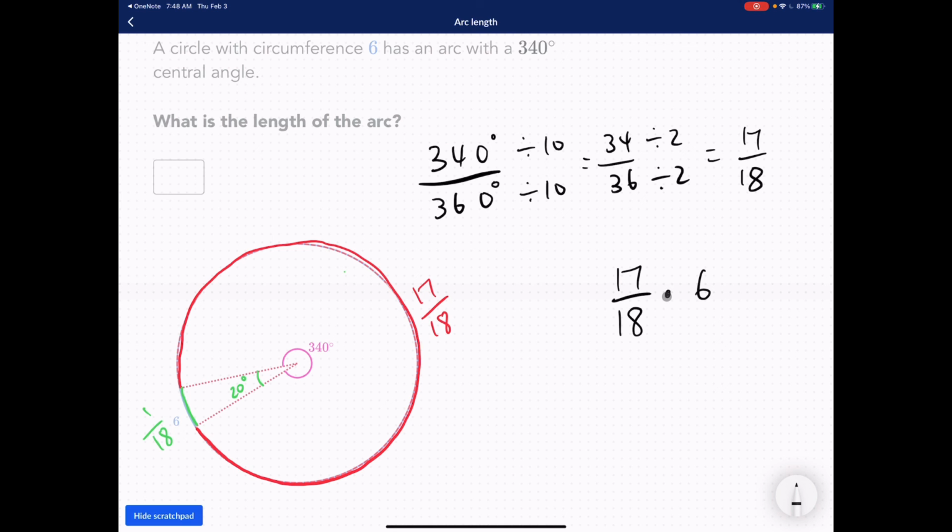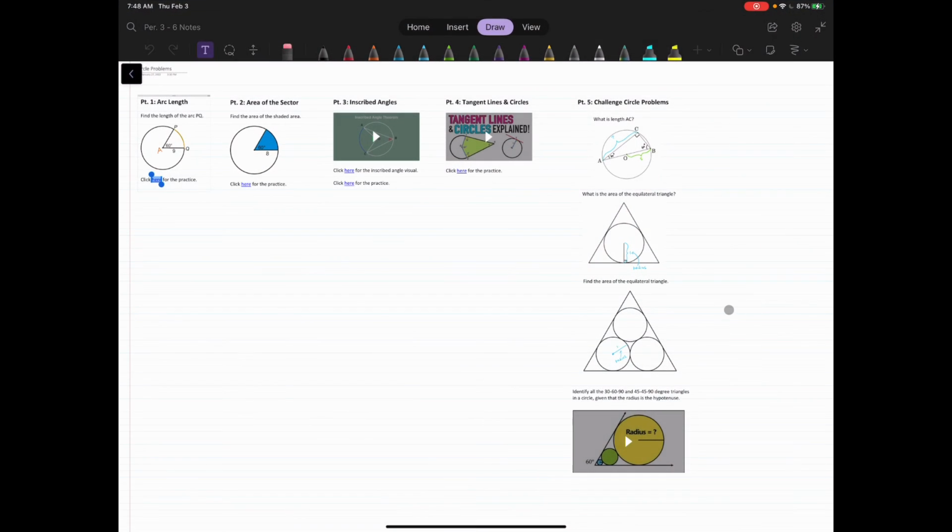And remember, of, when you translate into mathematical terms, it's usually multiplication. So what I'm going to do is 17 over 1. So 17 times 6 is going to be 102. 102 over 18. Okay, so I'm just going to make sure that that's what that is.